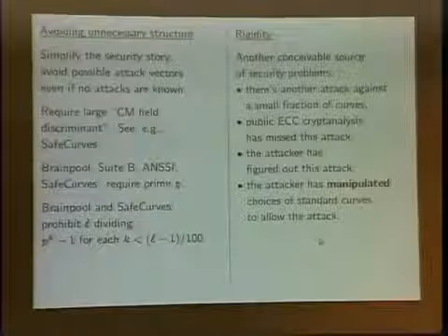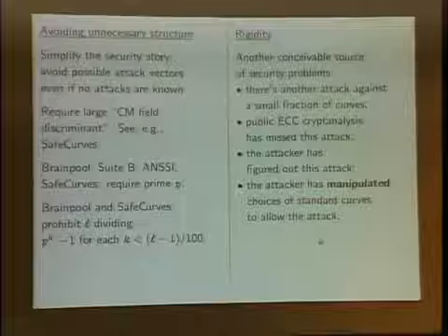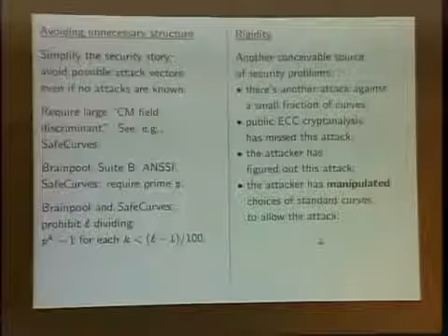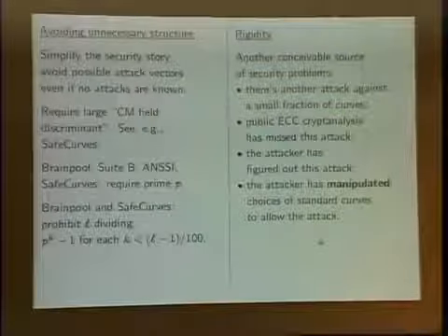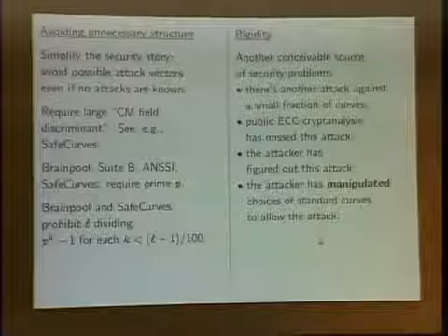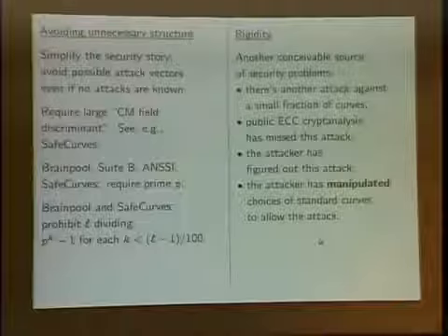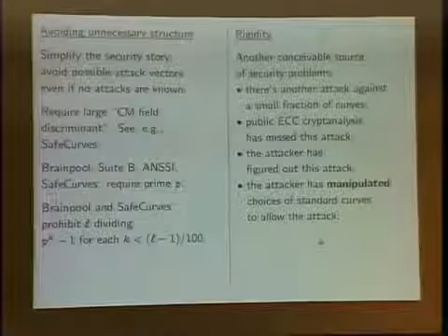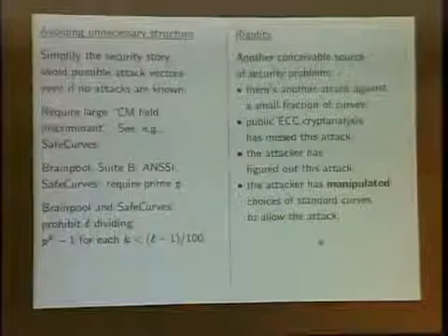Not that anybody's been able to figure it out, but maybe there's an attack that breaks some curves, maybe 1 in a million or 1 in a billion curves, and we haven't figured it out, but maybe the bad guys have figured it out. The bad guys being, of course, the Chinese Advanced Persistent Threat Unit somewhere in Shanghai. Maybe the bad guys have figured it out, and maybe they've managed to manipulate the standardization of a curve to find a curve, and they're going to tell the rest of us, oh yeah, this is good. You don't know any attacks which break this, but they secretly know an attack that we haven't figured out. It's a very obscure corner case, but maybe this happens.